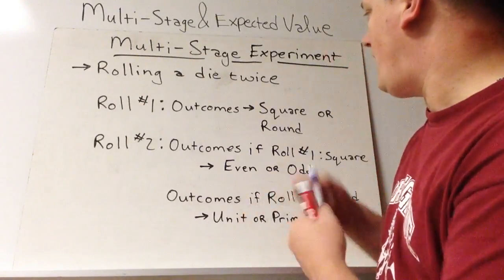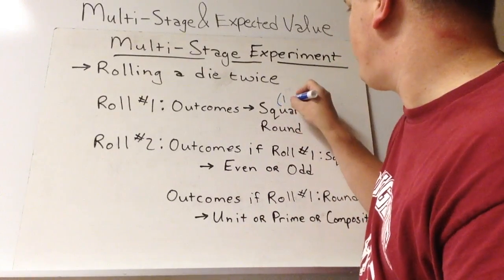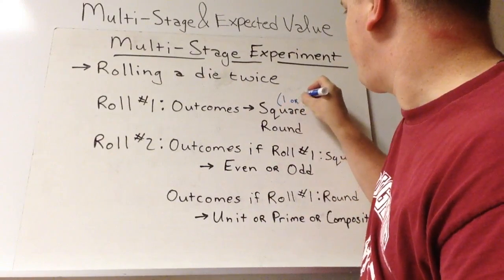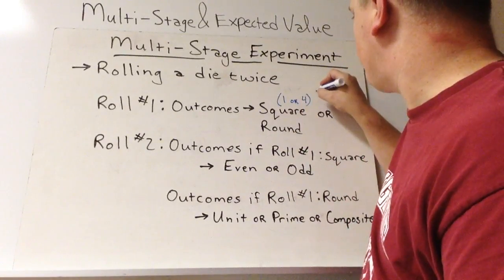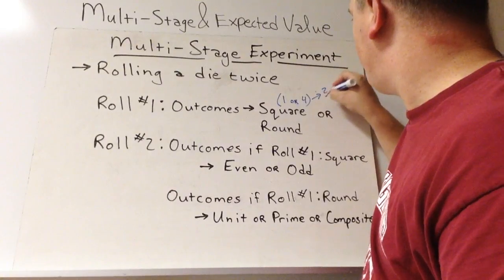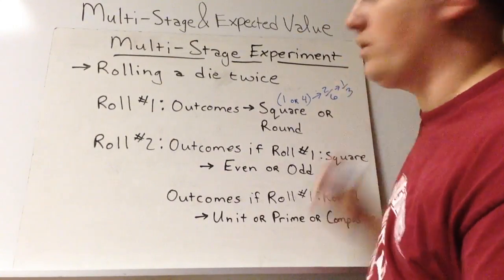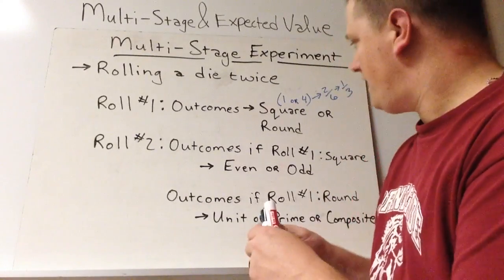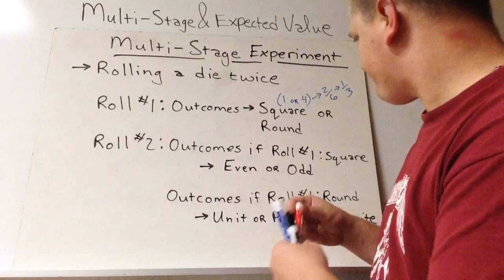There are two options on a six-sided die: 1 is a perfect square, or 4 is a perfect square, meaning that we have a possibility of 2 out of 6, or 1/3.